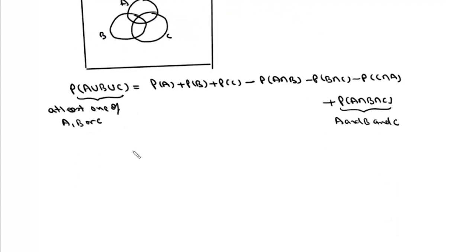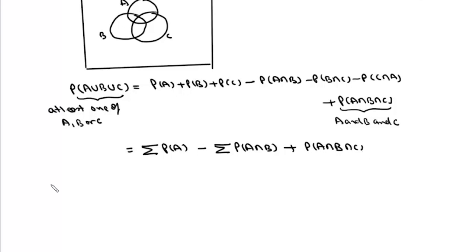We can write this formula in cyclic summation as this: summation P(A) minus summation P(A intersection B) plus P(A intersection B intersection C).